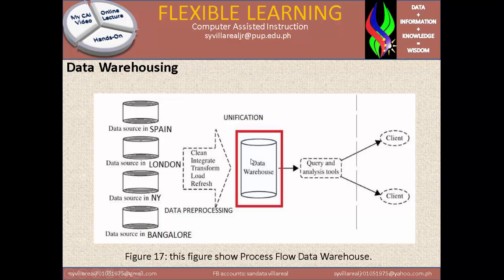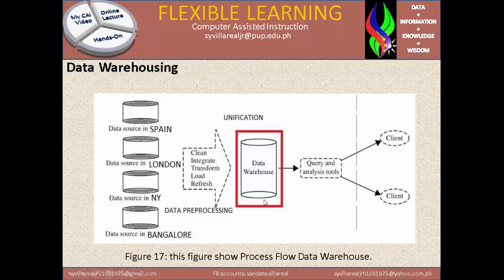So after unification, there's what you call a query and analysis tool. So if you're going to ask me, through OLAP, they are connected to each other, and it was saved to a server named data warehouse. So this is considered to be a server, and this server is considered to be a database.